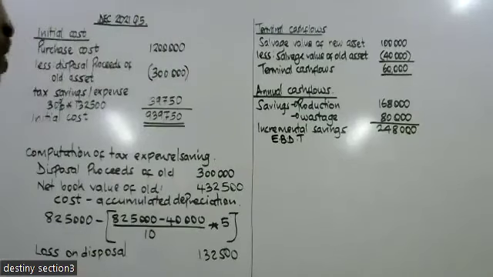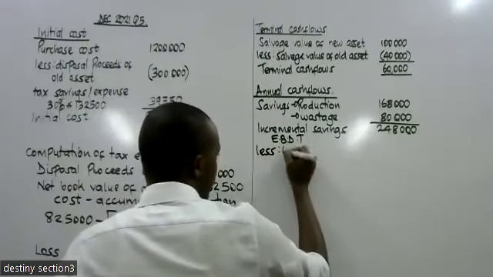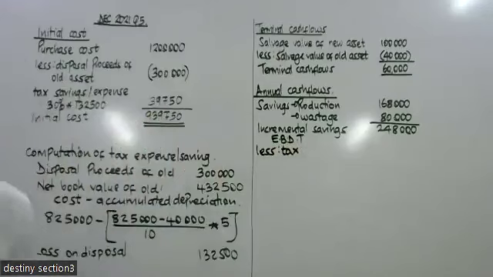Instead, they went straight and gave you the earnings. To that, we normally less our tax. After getting the earnings before depreciation and tax, the next thing you must determine is your tax.